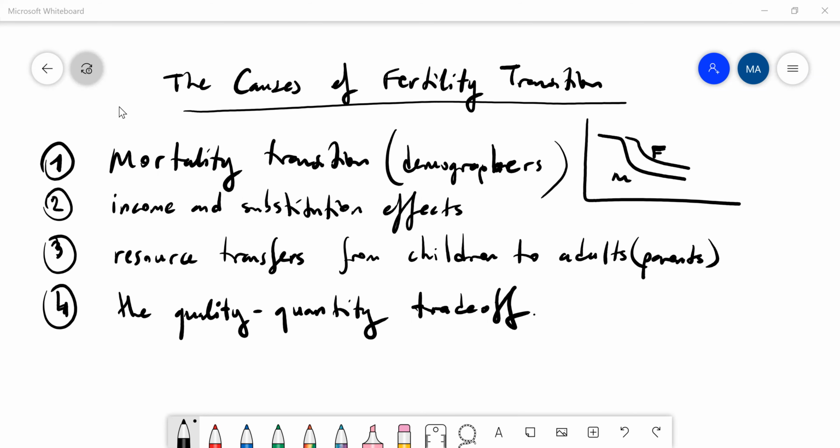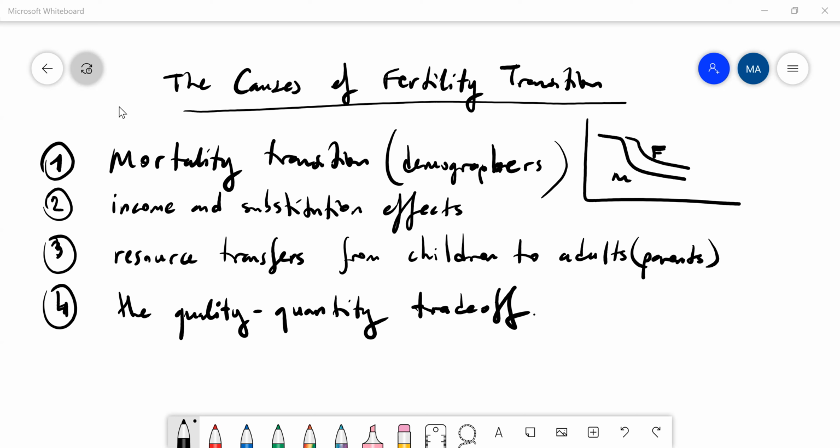Any questions? Okay, then after the break, I'm going to discuss reason 2, reason 3, reason 4, and they're going to show us, because of these economic reasons, why economies becoming more prosperous will have lower fertility, right?